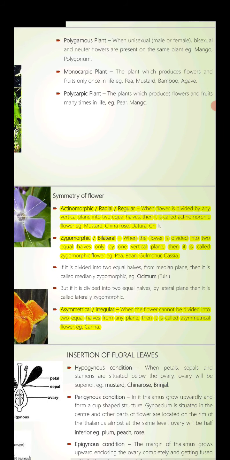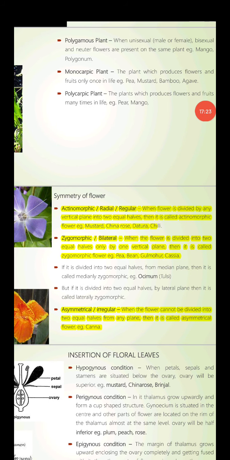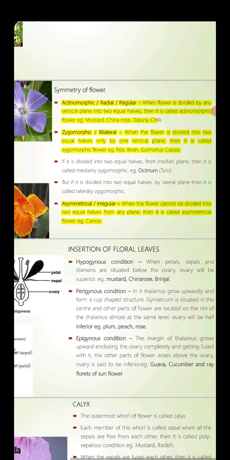What's the meaning of the zygomorphic? When the flower is divided into two equal halves only by one vertical plane, then it's called the zygomorphic flower. An asymmetrical flower: when the flower cannot be divided into two equal halves by any plane, then it's called the asymmetrical flower.